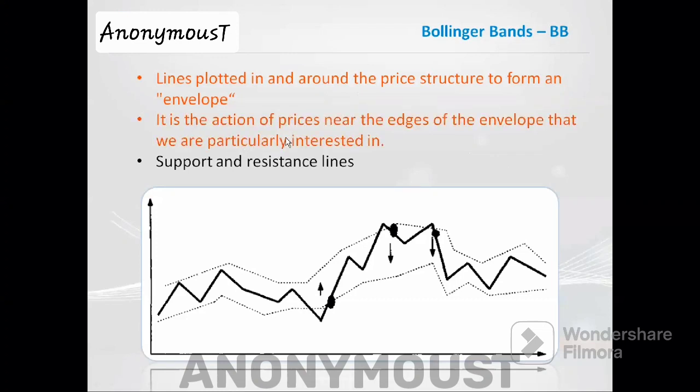It is the action of prices near the edges of the envelope that we are particularly interested in. We are not interested in this kind of movement. We are interested in this kind of movement. So whenever you put Bollinger Bands, you have to find these kinds of movements. These two lines, the topmost line and the bottommost line, are called the support line and the resistance line.